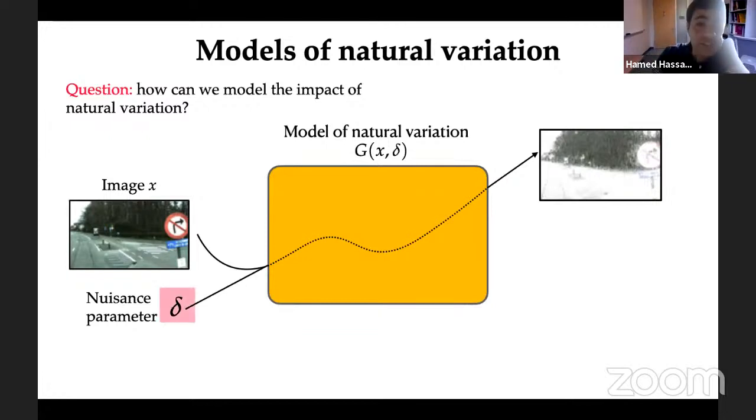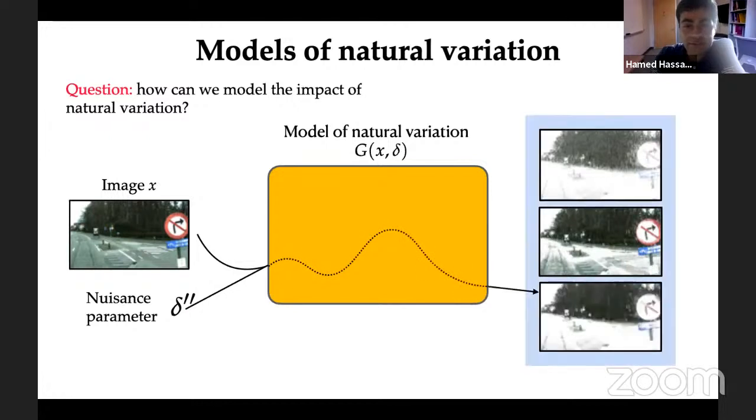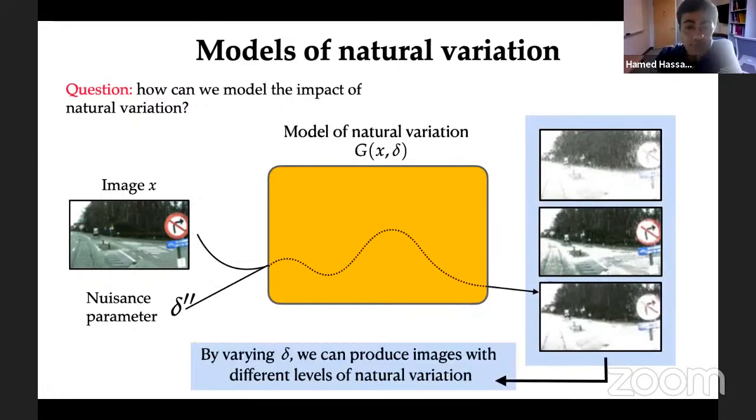And if you change the choice of delta, the nuisance parameter, you would get another image, for example, with a different level of natural variation. The idea is that by varying this parameter delta, we can produce images with different levels of natural variations. This is the high-level way of thinking about these models of natural variations.